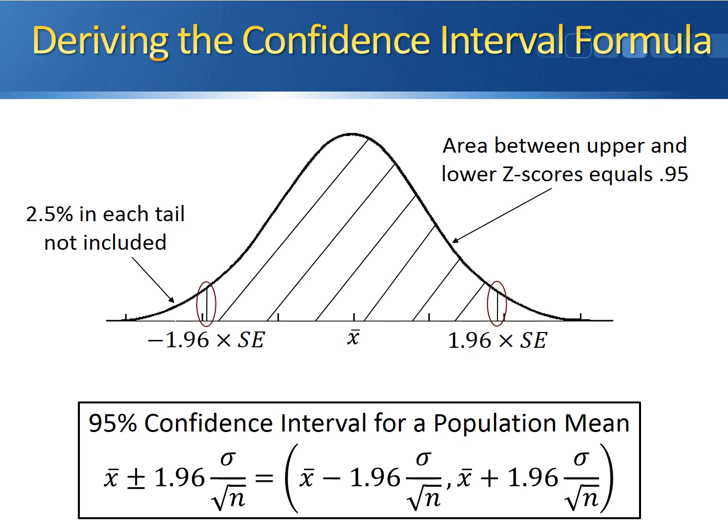What this means is that our 95% confidence interval for the population mean is going to be x bar plus or minus 1.96 times sigma over the square root of n. In interval form, the lower bound is going to be x bar minus 1.96 times sigma over the square root of n, and the upper bound is going to be x bar plus 1.96 times sigma over the square root of n.